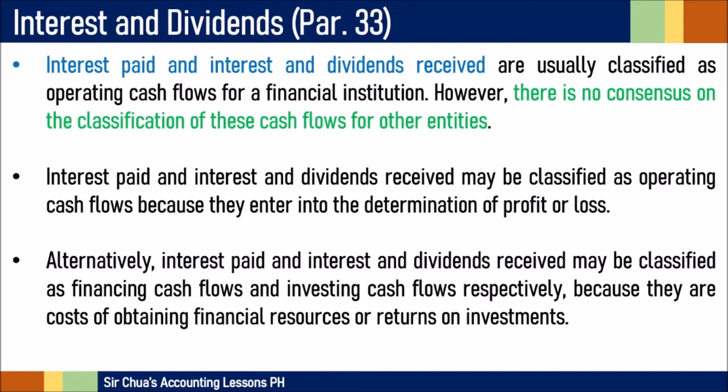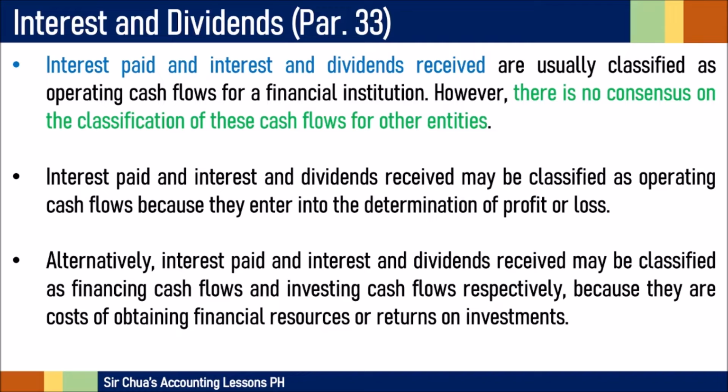Okay, so those are the two alternatives, but basically as how I see it, practically we usually report your interest expense and your interest income and dividend payment and dividends received in your operating cash flows because they're actually part of your PL. And if you present your statement of cash flows using the indirect method, what happens is that it forms part naturally of your income statement.